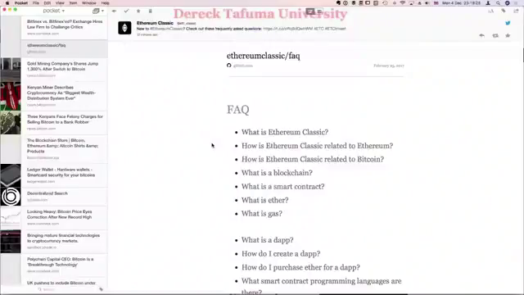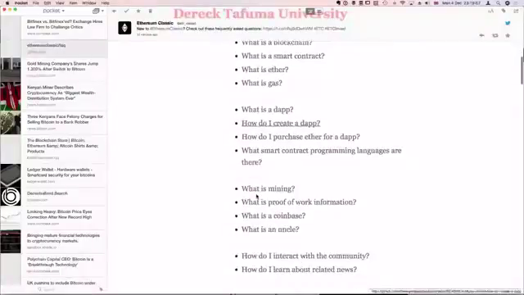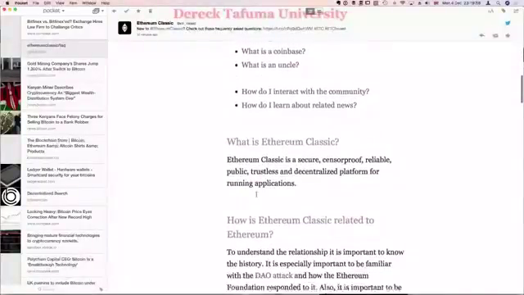I looked on github.com and found this frequently asked question article to help you understand some of the definitions associated with blockchain applications. It's a February 25, 2017 article, so it's been quite a while, but I think the definitions are still the same.